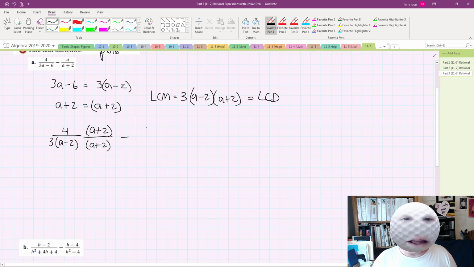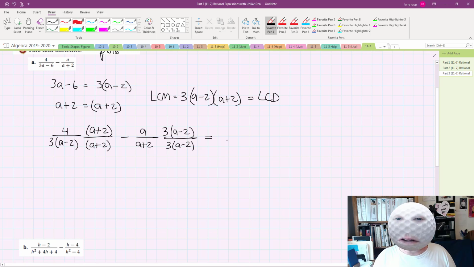Okay, and what's the term here? We have a over a plus 2. So what is it missing? It's missing the 3 and the a minus 2 over the 3 times the a minus 2. Right? Okay.